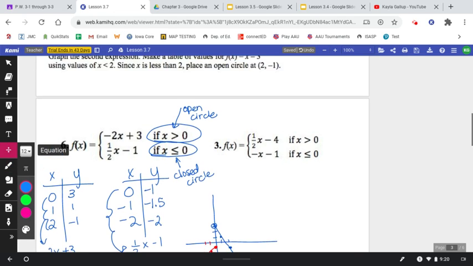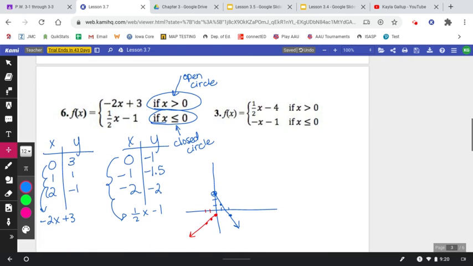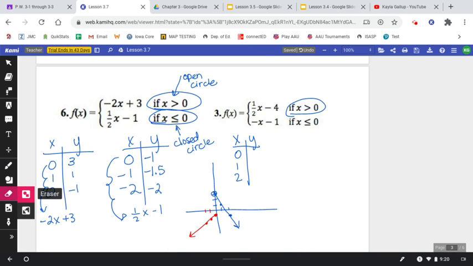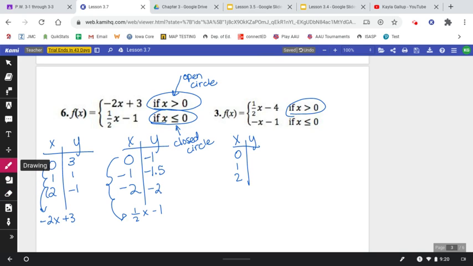For number 3, I'm going to start my first table. All 0 and greater, so 0, 1, and 2. And that's for the equation 1/2 x minus 4. So substituting in the numbers would give me -4, -3.5, and -3.